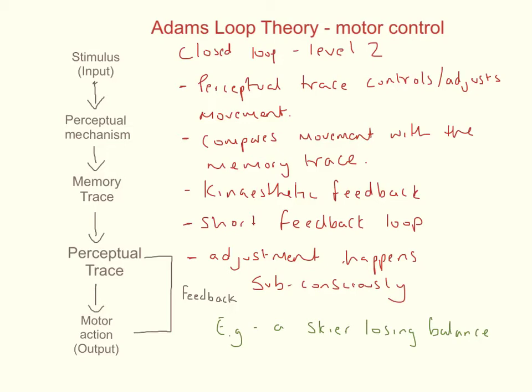So our perceptual trace will then be able to adjust this movement, so they'll turn a little bit harder into their turn, or they'll turn their skis a little bit further up the mountain to slow them down a little bit, and they'll lean into the mountain a little bit more to maintain that balance.